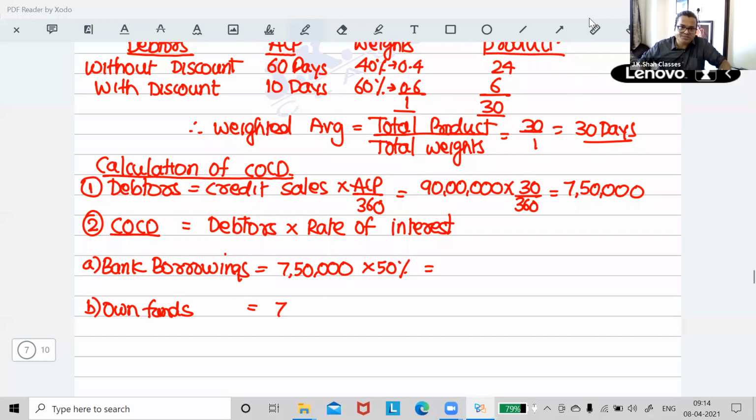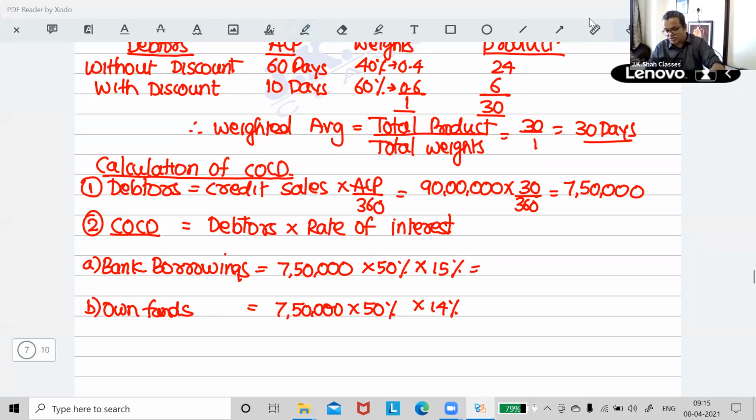We have to write the rate of interest also. 750 into 50% I finance by own funds. Now what is the rate of bank borrowings? 750 is 50%, 375. Whatever comes to that, I will finance by 15%, and the other I will finance by 14%.